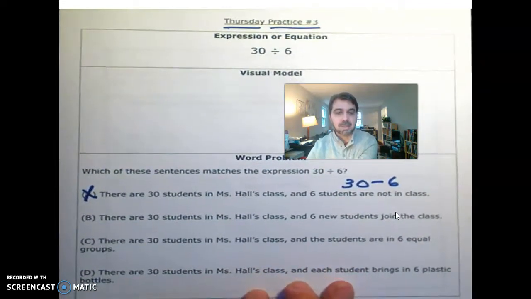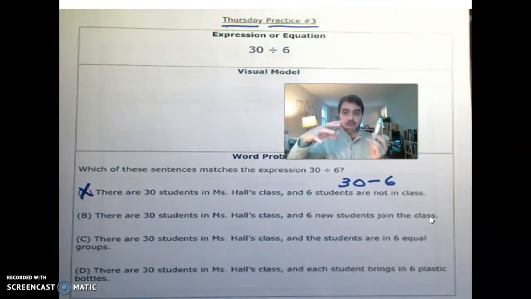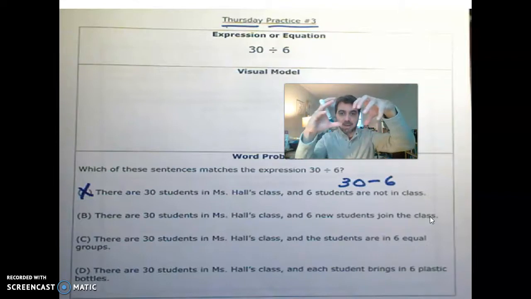Let's look at the next one. It says there are 30 students in Ms. Hall's class, and 6 new students join the class. So she already has 30. This is a big class. And 6 more come in. What operation is that? You already have a number, and there's more that comes in.